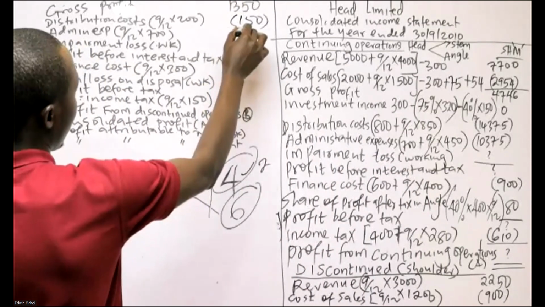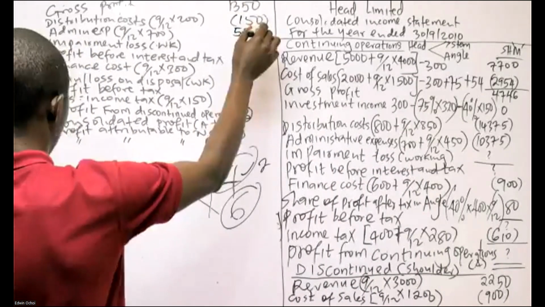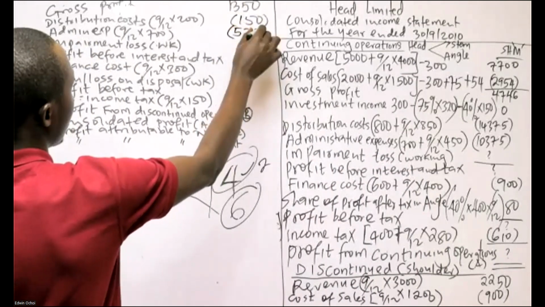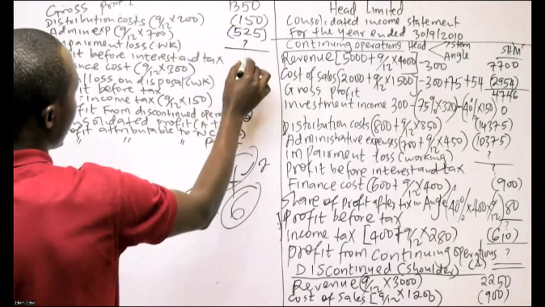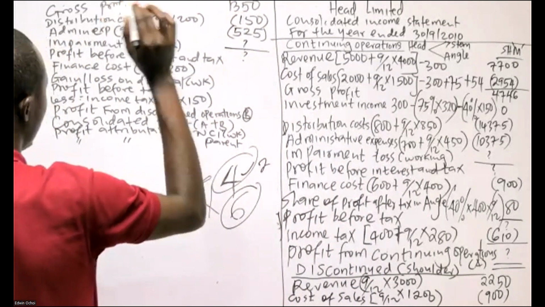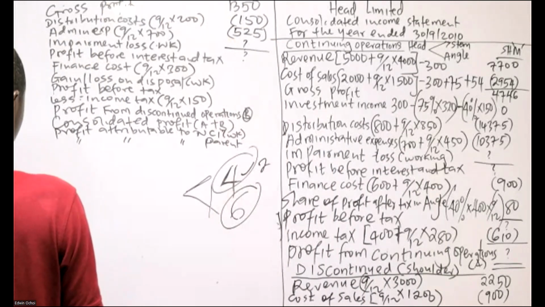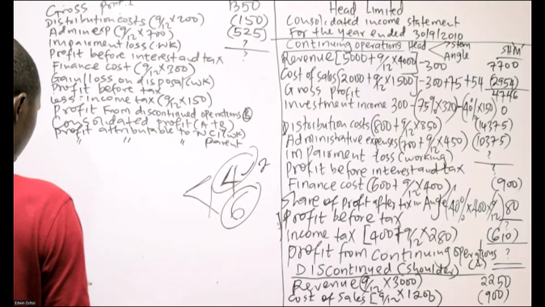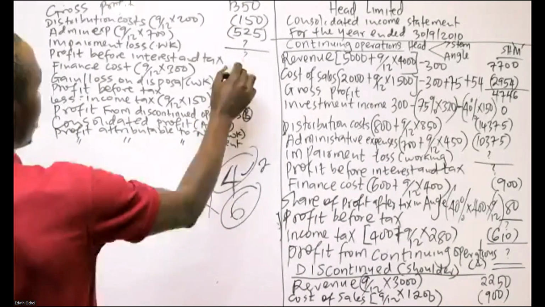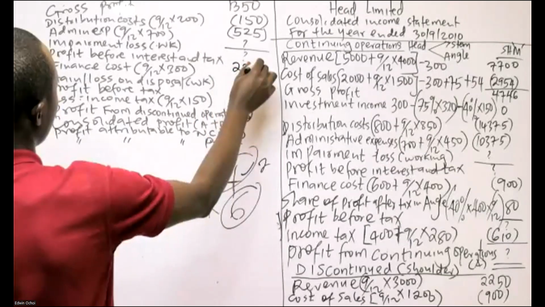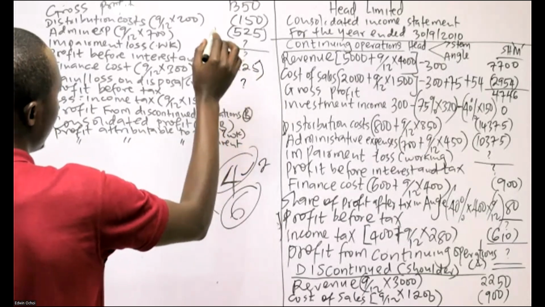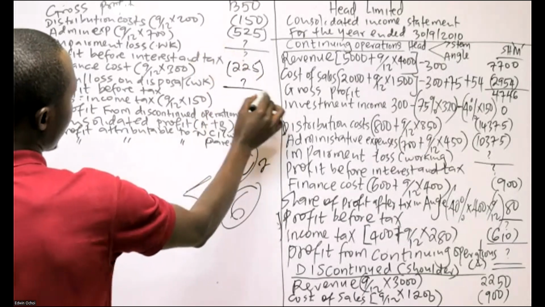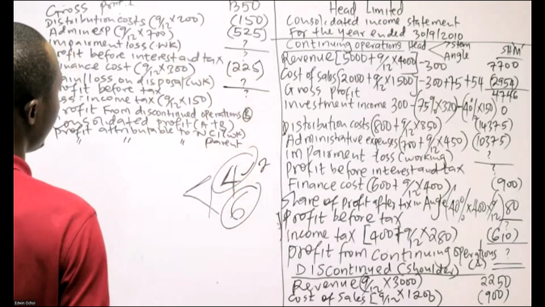This is 525. So we need to do a working there. Even this one, we cannot get it. So 300. This is 225. A deduction. This one we need to do a working so that we get the profit before tax.